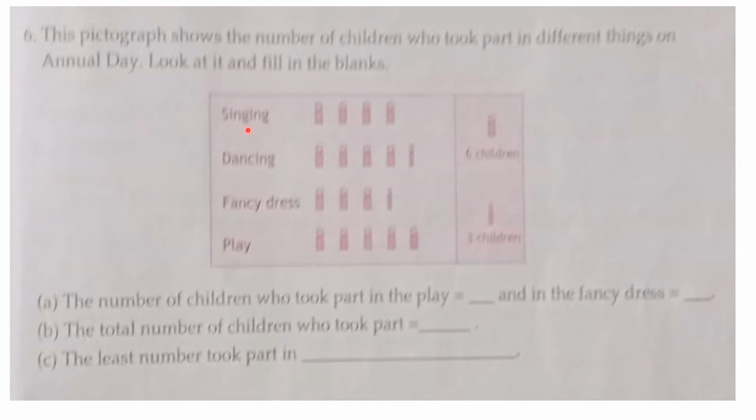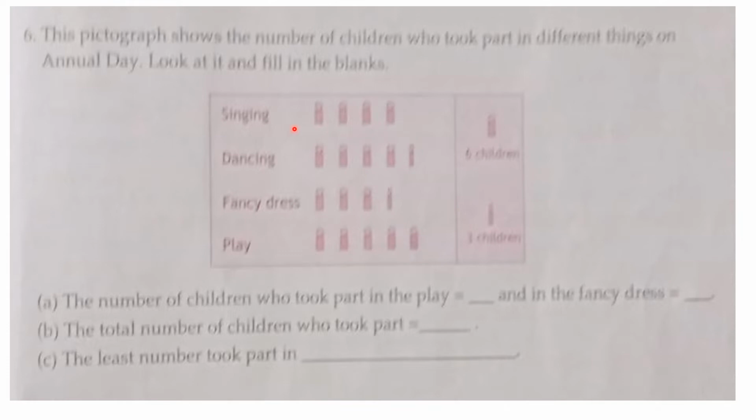Now children, these are the events that were held in the annual day function, and the number of children participated in this. And you can see this one candle, it represents 6 children. Okay. And half of this candle represents 3 children. That means if one candle is there, that means 6 children are participating in the event.